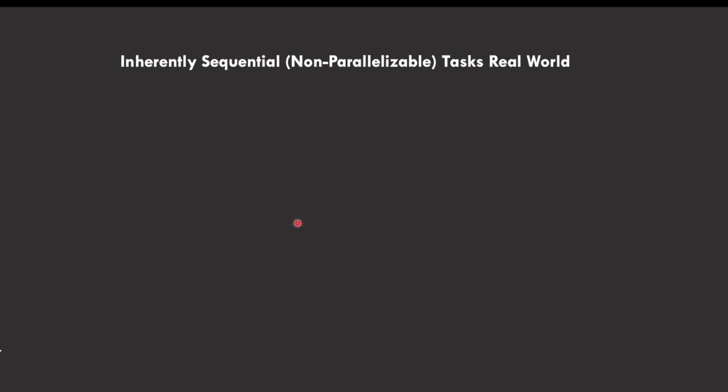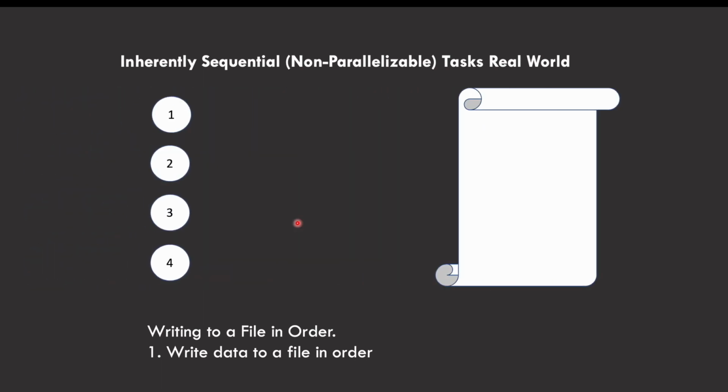Another example of inherently sequential task is writing to a file in order. Say I have a file and I have 4 different threads, each wanting to write a number. However, I want these numbers to be written in order, right? So how do I do that? If I do this parallelly, there is no guarantee that the numbers will be in order, because threads can execute at any given time and finish at any given time, right?